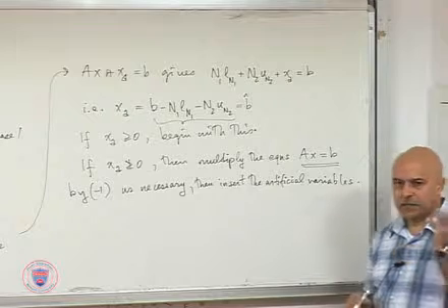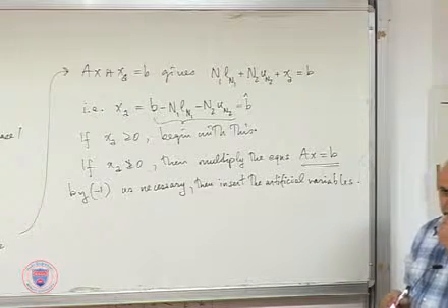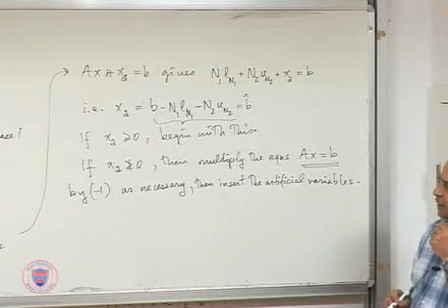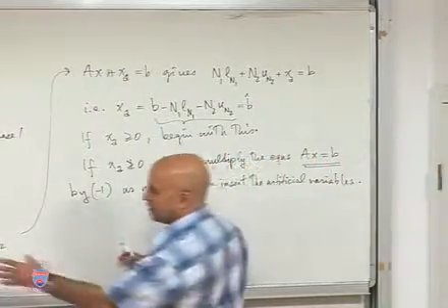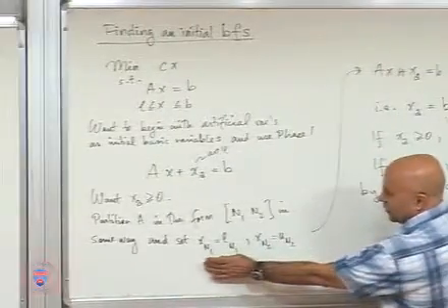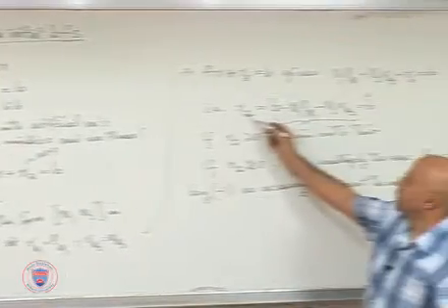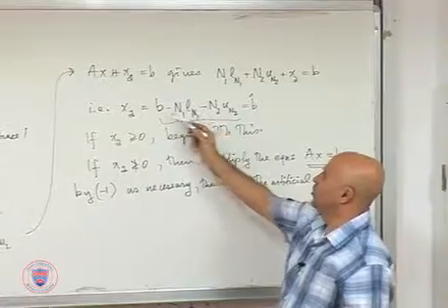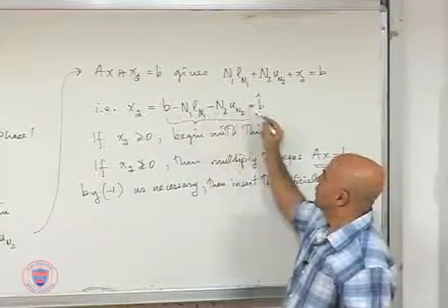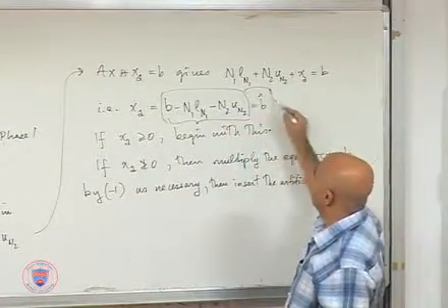So, let me have your attention. You tried your luck. You picked certain variables at the lower bound, certain variables at the upper bound. And then you solved for the artificial variables, or you just computed this here, b cap.